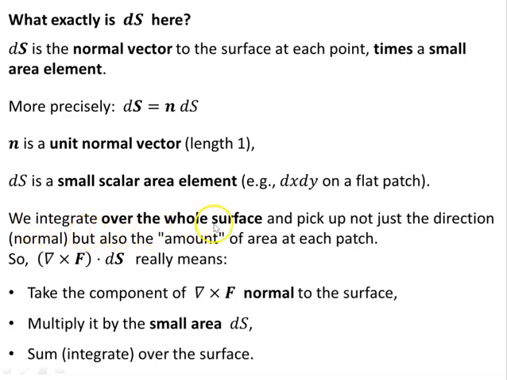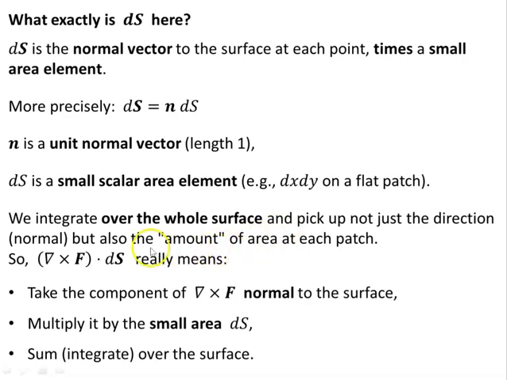Now we integrate over the whole surface and pick up not just the direction normal, but also the amount of area at each patch. So this ds is not just a normal vector, but it's also got this infinitesimally small dx dy amount.